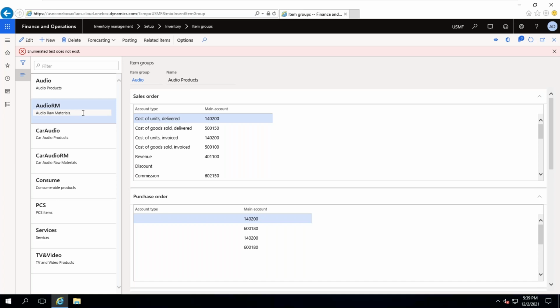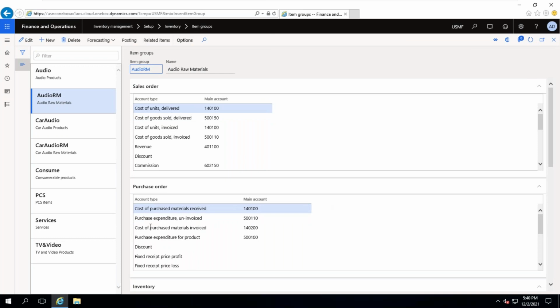Fine, I'm selecting this second one. Then there is no error message. Look at this one. Here you will map it: cost of material received, cost of material invoiced account, purchase expenditure uninvoiced, purchase expenditure for product, and then purchase accrual account.